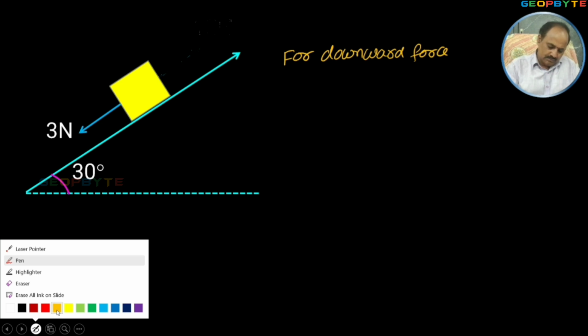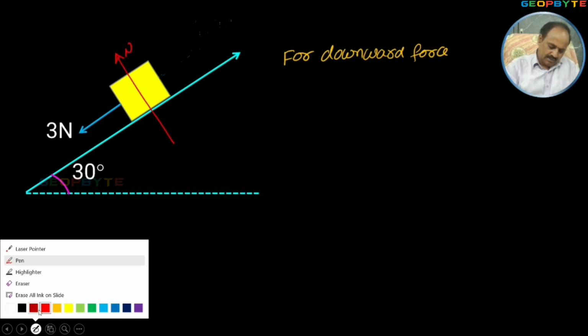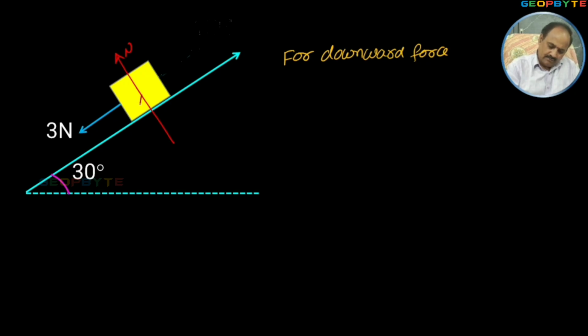Force is acting parallel to the plane in the downward direction. This is the normal reaction direction. Self weight is acting vertically downwards with a magnitude mg, and this is the 30 degrees.